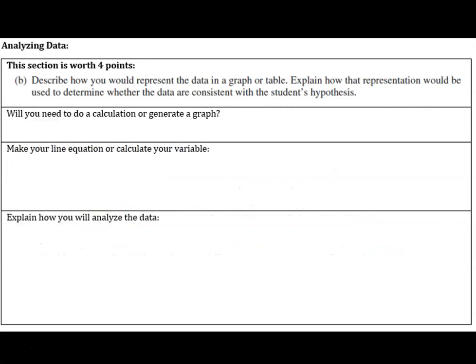All right, so for data analysis, we want to describe how you would represent the data in a table or a graph and explain how that representation would be used to determine whether the data are consistent with the student's hypothesis. So we're going to do a graph of that initial height, final height equation. I want to turn this into my line equation, in the form of y equals mx plus b.